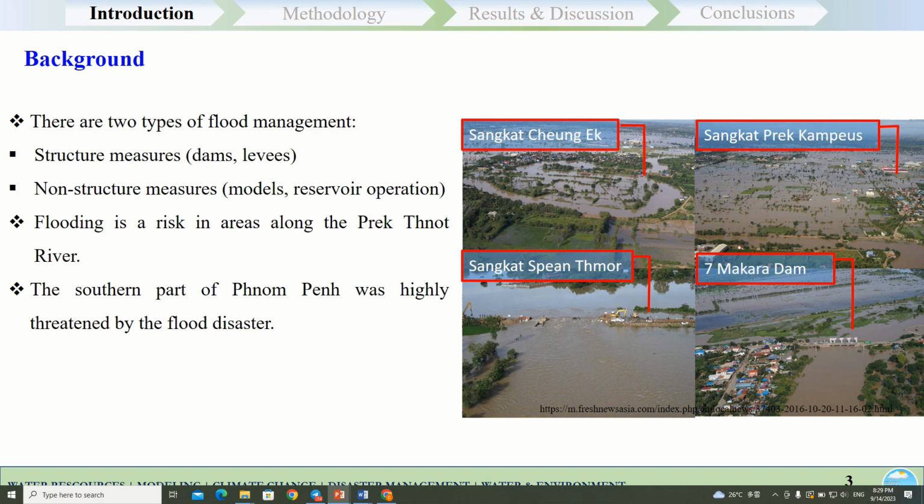Flood is a risk in the area along the Prek Thnot River, and it happens frequently, especially the southern part of Phnom Penh City, which is highly threatened by flood disaster. So this is the reason the research questions have been asked.